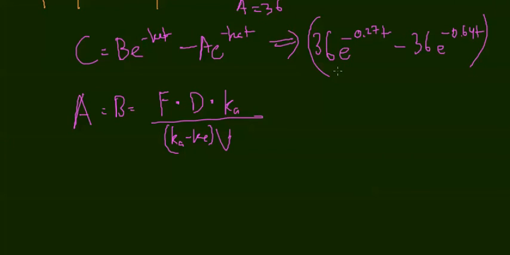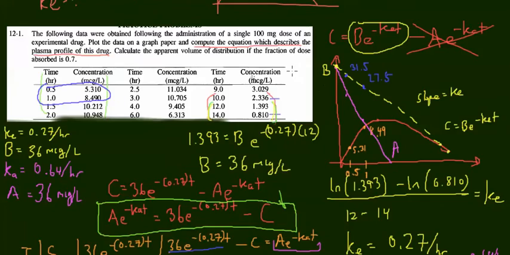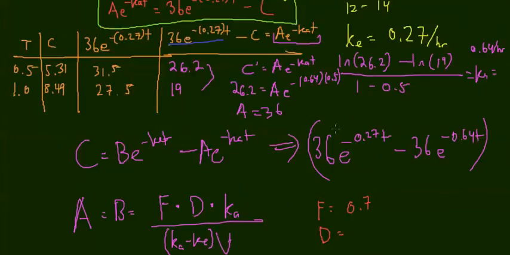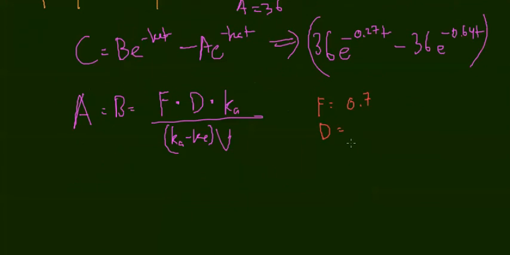So we have this equation. So now we have the fraction of dose absorbed. If I were to write on the side, F is equal to 0.7. The dose we're given is a 100 milligram dose. Remember, it's in micrograms actually, so I'm just going to convert this straight up to micrograms. 100 milligrams is, just add 3 zeros, 100,000 micrograms.